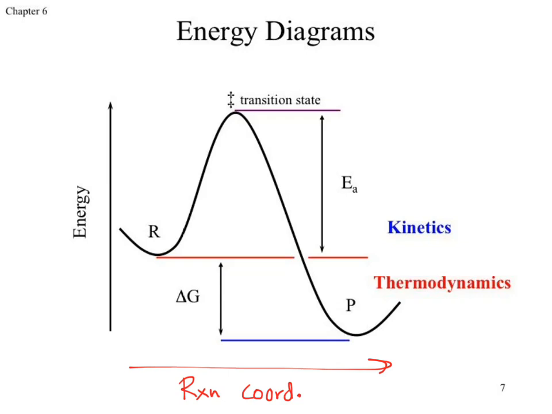Transition. There isn't an intermediate. For there to be an intermediate, we actually have to have a well. We have to have some place for that species to exist. When we look at an energy diagram, what's happening at the transition state is the point when you change from being reactant to your product. Okay? There isn't an intermediate species there.